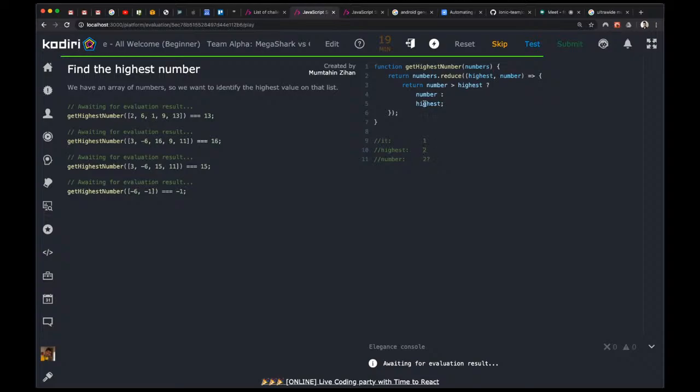No. So that's correct, Aaron. If the first value of the array is assigned to the accumulator, then the first number will be the next one, number 6. Exactly. So as you can see, we're saving one iteration before.